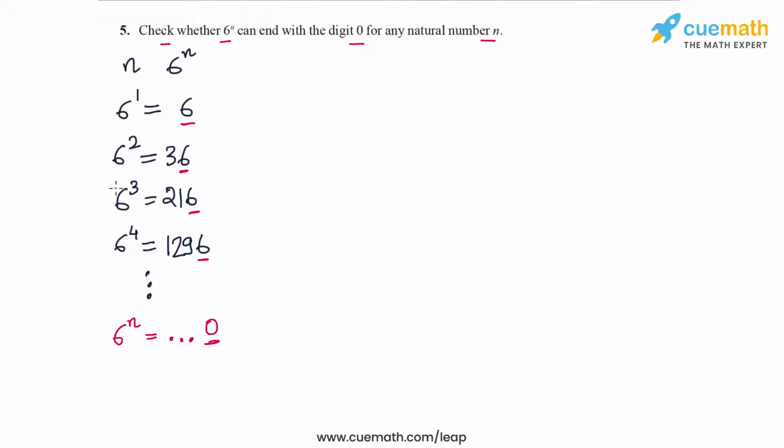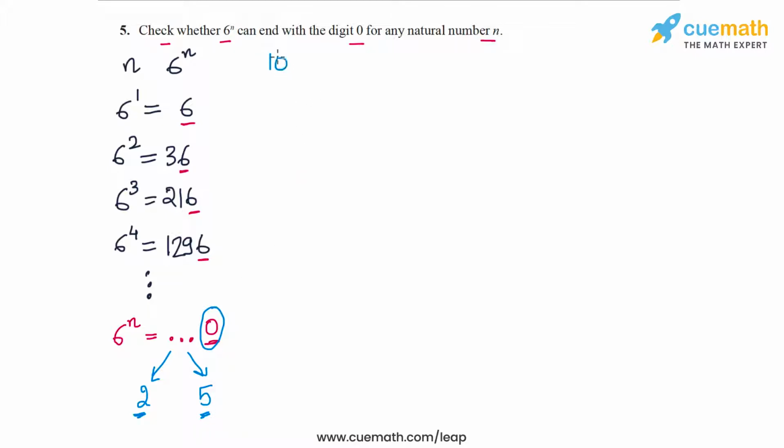Now, what reasoning can we use to solve this problem? Well, we can use the fact that for a number to end in 0, it must be a multiple of 10. And if it's a multiple of 10, then its prime factorized form must have at least one factor of 2 and at least one factor of 5, because 10 is made up of 1, 2 and 1, 5.